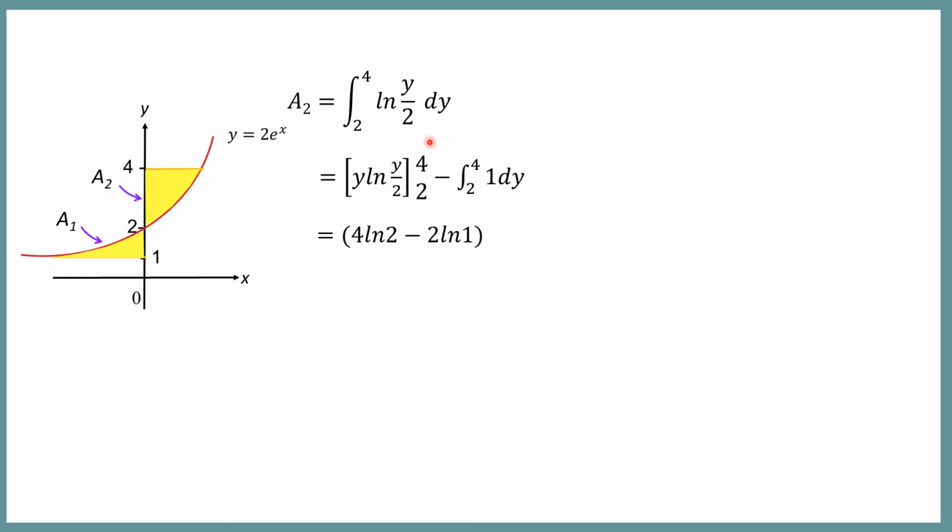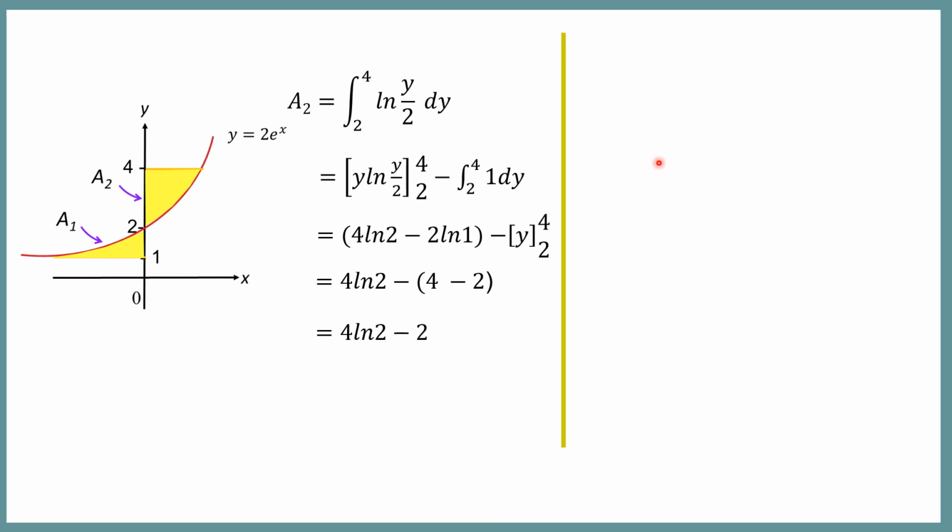Substituting the upper limit y equals 4, we have 4 ln 2 minus, substituting the lower limit y equals 2, we have 2 ln 1, minus, the integral of 1 is y. Hence, simplifying, 4 ln 2 minus 2 ln 1 is 4 ln 2, minus, substituting the upper limit, which is 4, minus the lower limit, which is 2. Thus, A2 is 4 ln 2 minus 2.